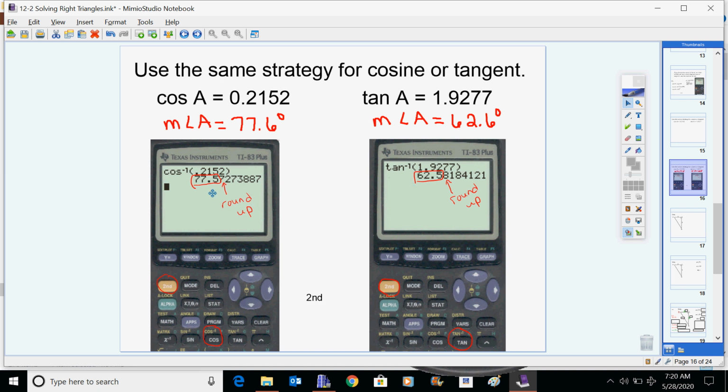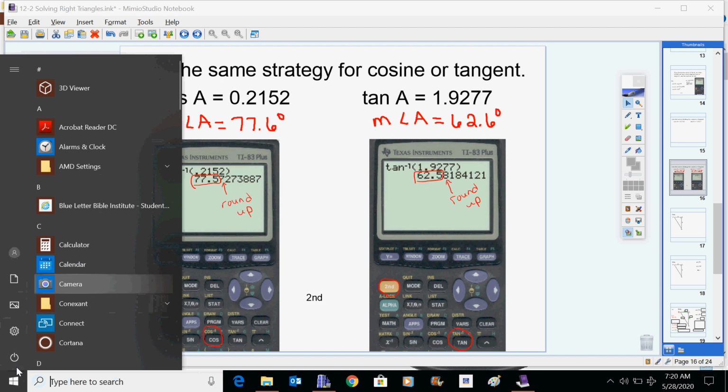And always use the rules of rounding. Both of these get rounded up. Your second keyword is second, because you need to remember to find the inverses, you use the second of that function.